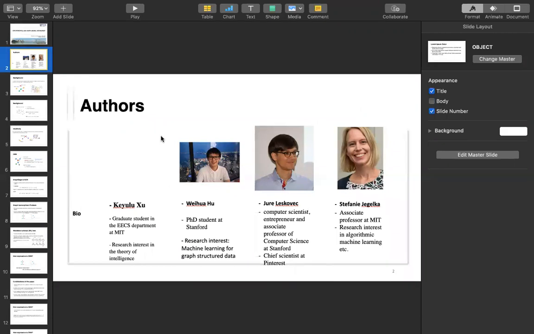The two main authors are graduate students and PhD students respectively, and the last two authors are their supervisors respectively. One thing to notice is that Jure Leskovec is a computer scientist and he is the chief scientist at Pinterest.